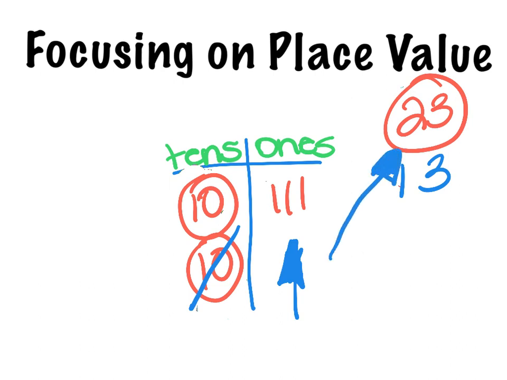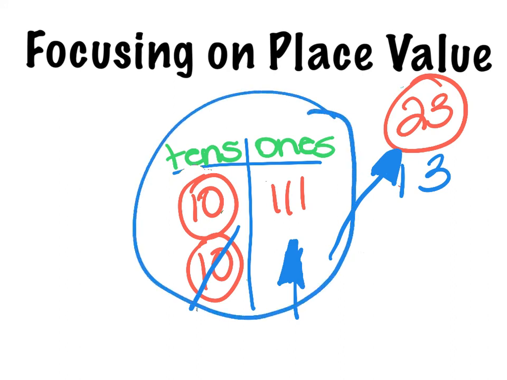And I see it done on a hundreds chart, which is fine. However, it's not focusing on the place value portion. It's focusing on it being done in the pattern. And it's skipping over this portion right here where the kids can see the more or less.